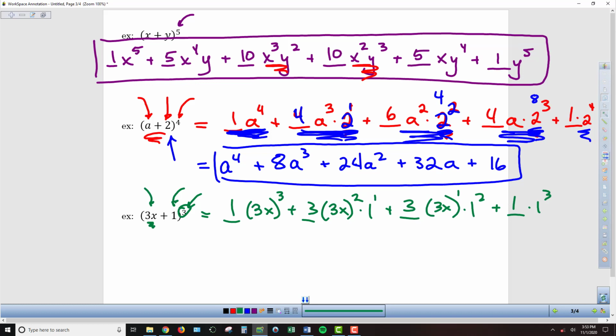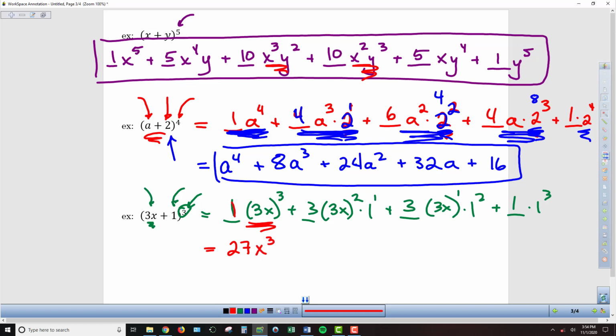And so just like we had in the previous question, I've got some simplifying work to do. So for example, on this first term, I've got 1 times 3x to the third. So I need to make sure that I multiply 3x times 3x times 3x. So 3 times 3 times 3 is going to give me 27, and then x to the third.